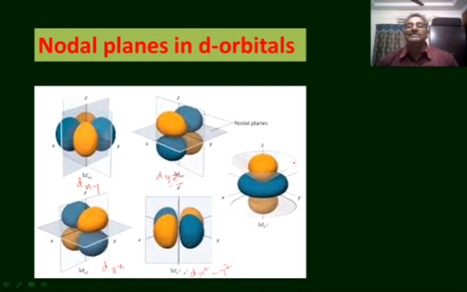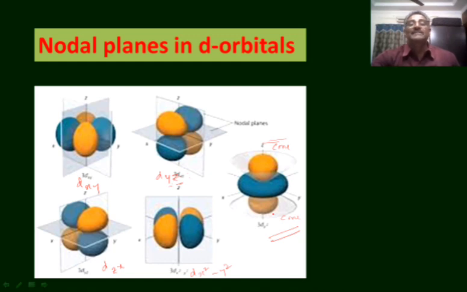In that gap also the probability of finding an electron is 0. So the nodal planes of the dz square orbital are conical in shape. This is one cone and this is another cone. In this way the dz square orbital also has two nodal planes.